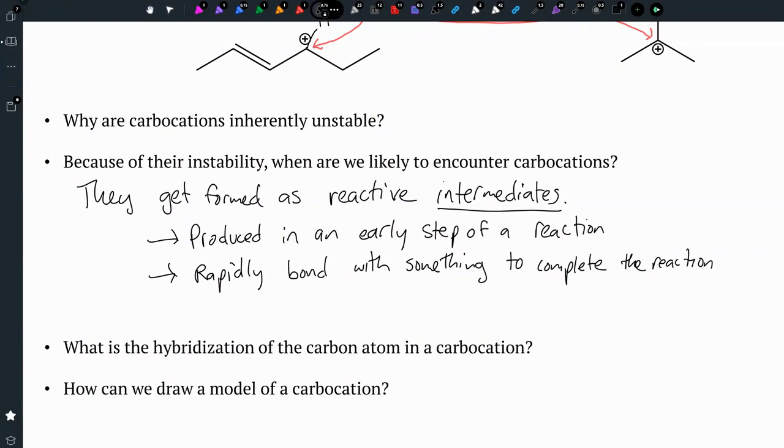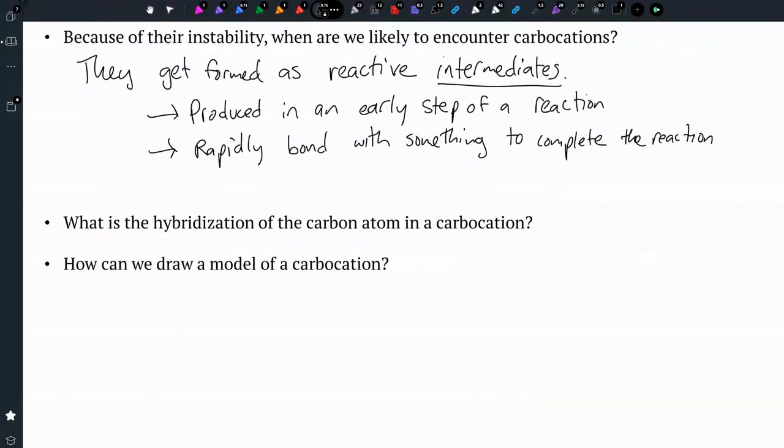And we'll talk in a little bit about what those reaction steps are that might form a carbocation. But first, we're just going to talk about their structure a little bit.